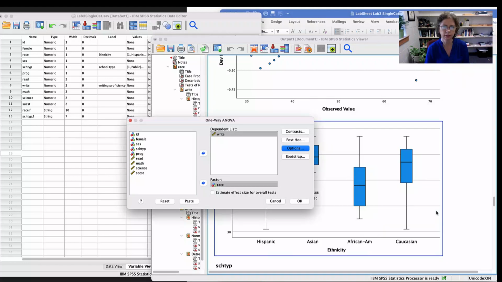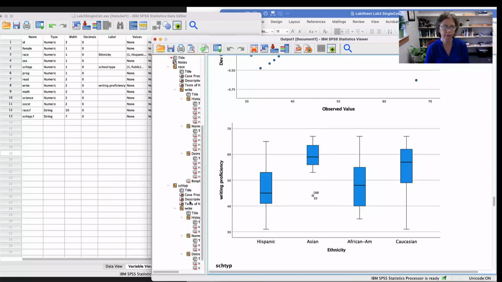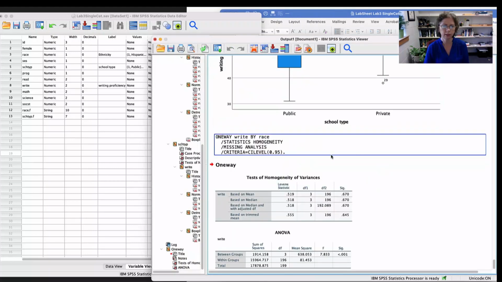Continue there, and then at this place put Paste. And let's check out the syntax. Write by race, homogeneity test, skipping missing values, and the confidence interval of 95%. So I'm going to run that.